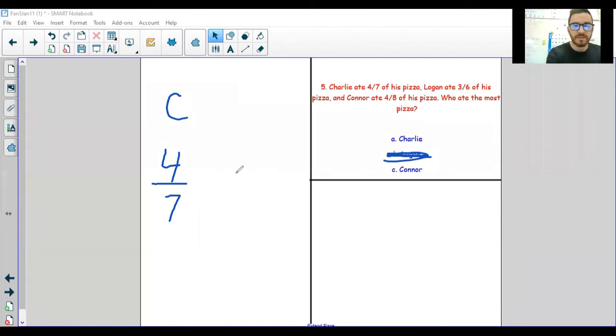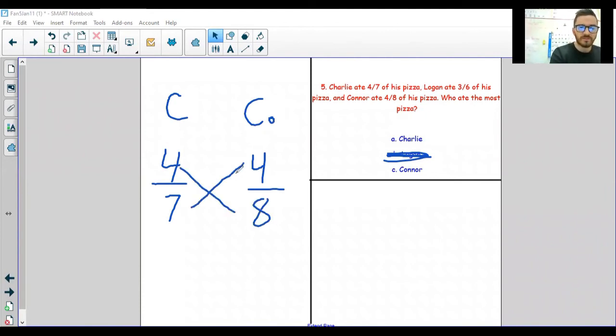Since they both start with C, I'll just put CO for Connor. Connor's got 4/8. And again, we'll go bottoms up to compare these two amounts. 7 times 4 is 28. 8 times 4 is 32. Again, Charlie's represented by 32. Connor represented by 28. That one right there would show you that Charlie ate the most pizza.